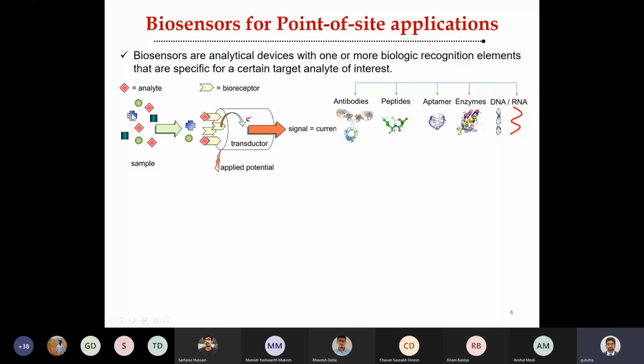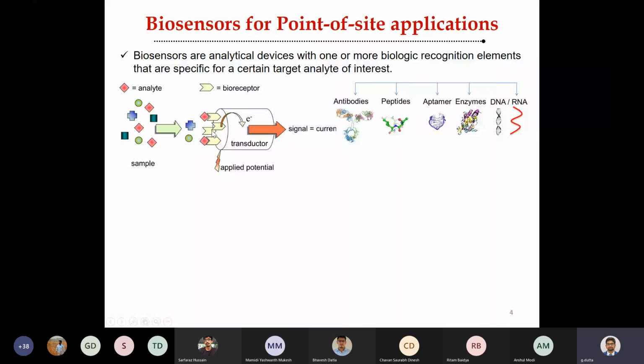If you collect a drop of blood, maybe somebody has malaria, maybe they also have dengue, and at the same time they have cancer. But you want to detect only the cancer, not malaria, not dengue. So malaria and dengue should not interfere with the cancer because you are going to detect cancer.